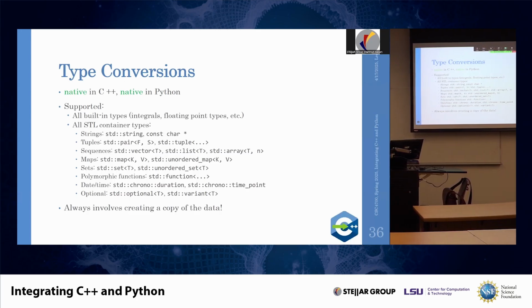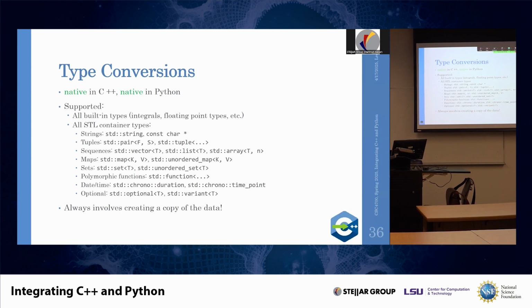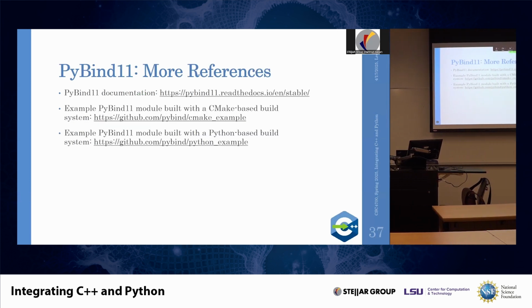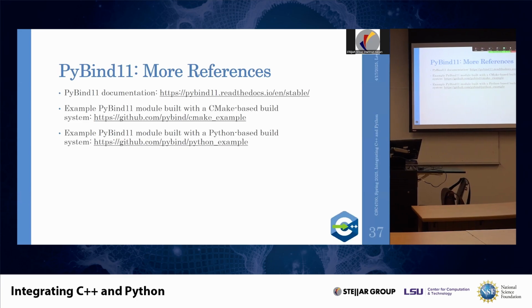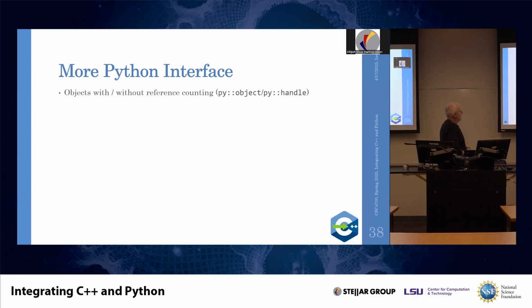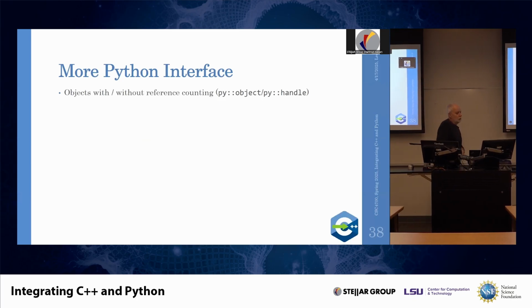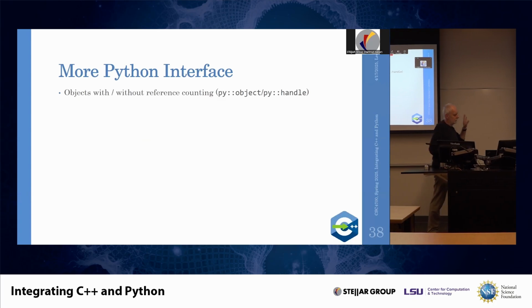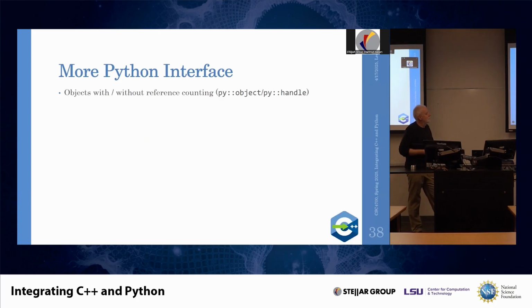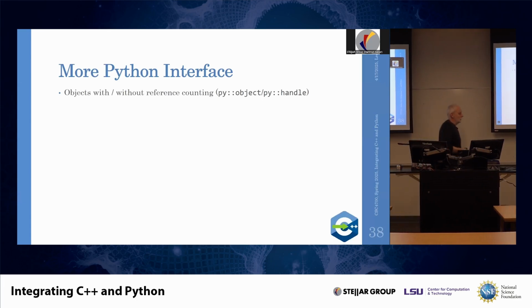Can I expose a std array to Python? Yeah, sure, you can do that. So let's not go through that for the sake of time. A couple of links when you're interested in reading more. A kind of laundry list of things that are also available. I will not go into detail, so please read about it a bit more if you're interested.